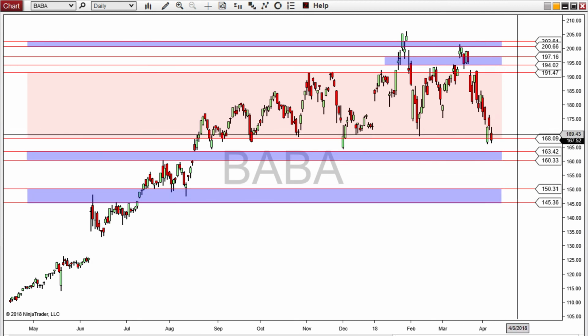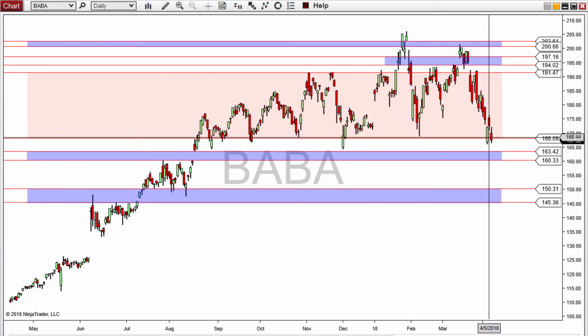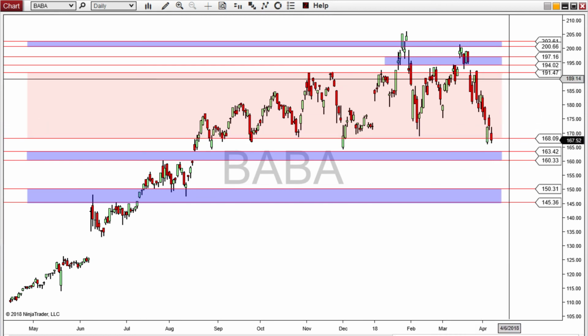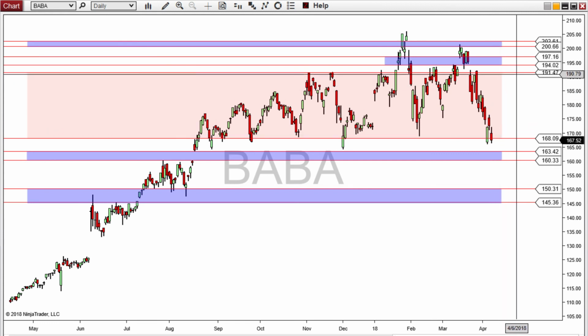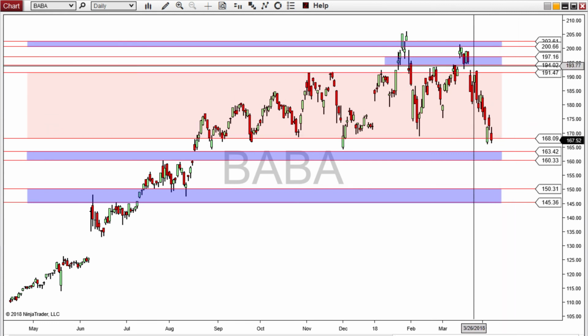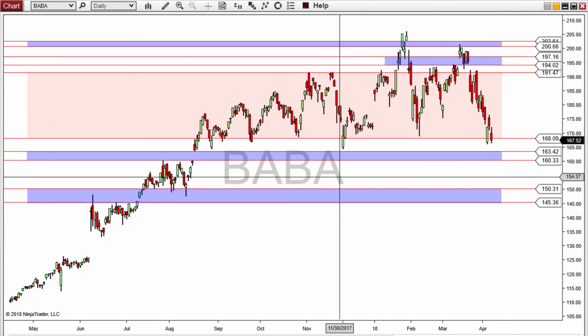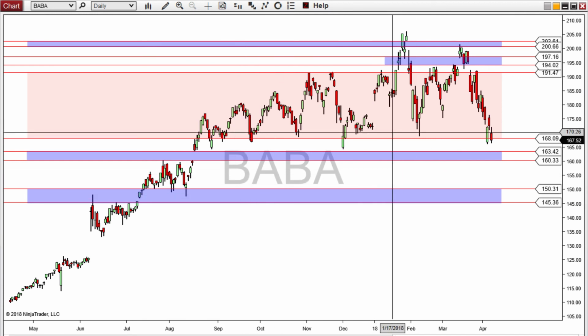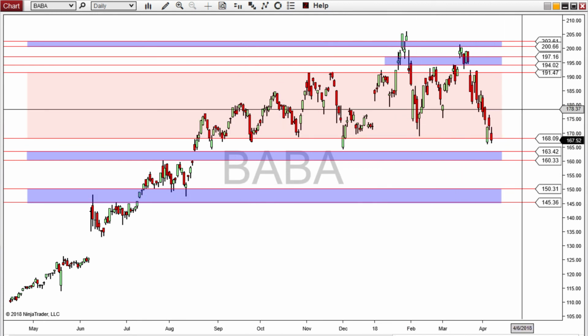Okay, but if we see some long setup and it tries to push back up, that would be the 191. But I'm not particularly fond of setting up a long position right now until some of these things have occurred, then I might change my bias.